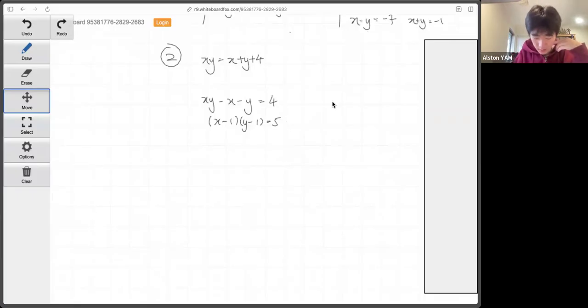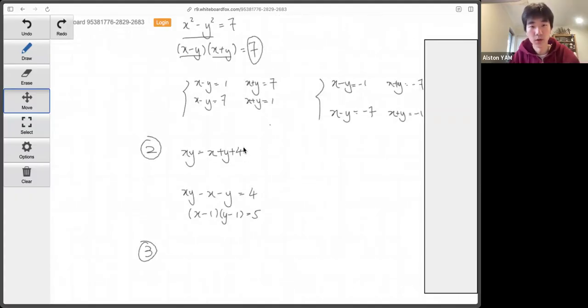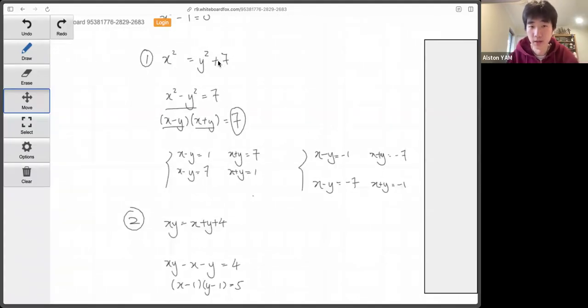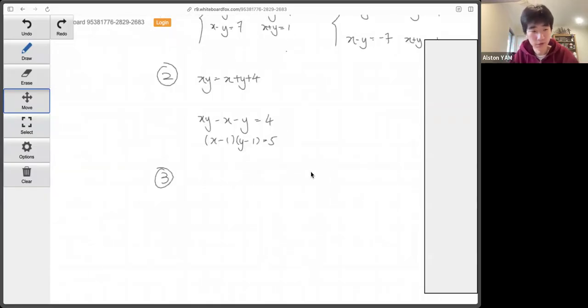And then there's also a third kind of scenario. If we have not only our x times y, what if we combine it? Here we had x squared and y squared. Here we have some kind of random terms, like x to the power of 1, y to the power of 1. What if we combine it?